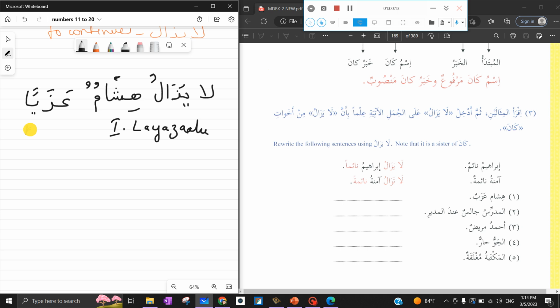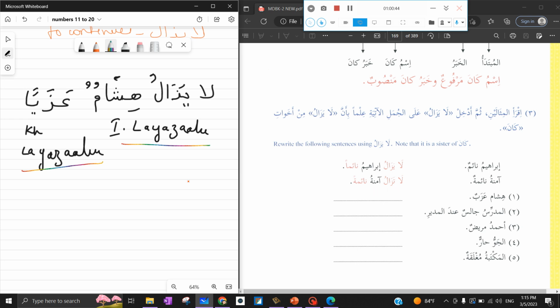This is khabar la yazalu. So keep in mind: you will not say khabar kana or ism kana. If you are using la yazalu, then you will say ism la yazalu. And if you are using ma yazalu, you will say ism ma yazalu. So you need to take the name in irab.